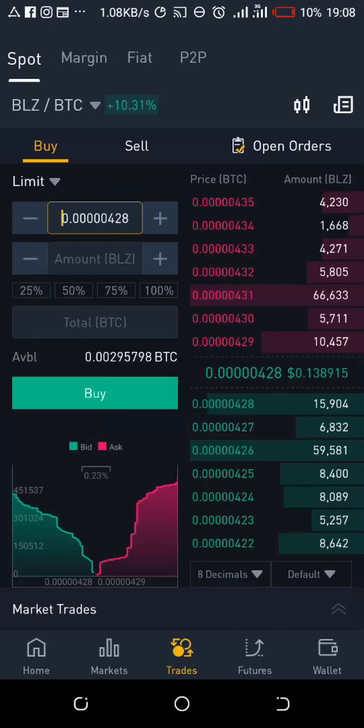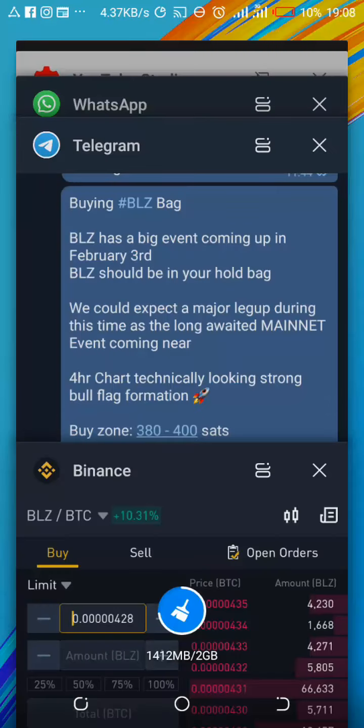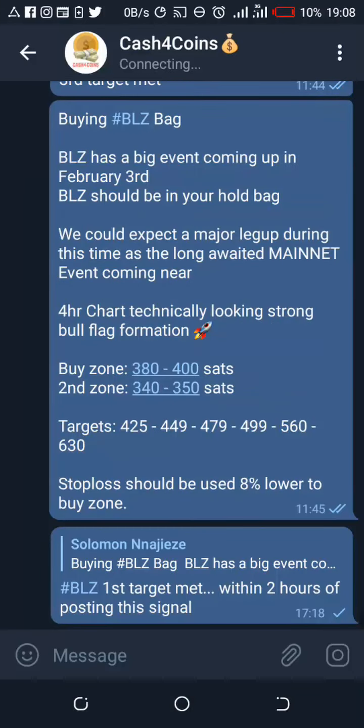Now, if you look at the targets, it's possible that this trade is going to reach up to 630 Satoshi, but no trader is actually 100% accurate. All right, so even as you can do your analysis and all that, at least we trade based on speculations, right, and estimations.